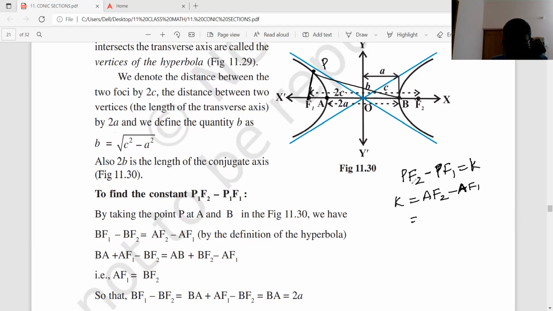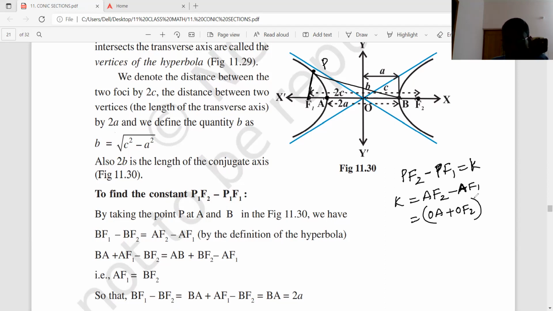So AF2 is nothing but what? That means from A to O is A, and O to F2 is OF2. So AF2 is OA plus OF2.